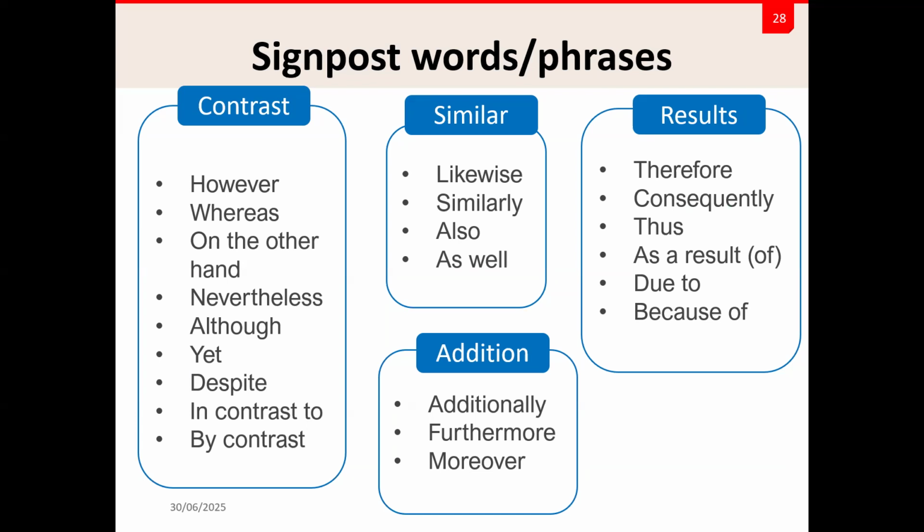If you want to add something, use additionally, furthermore, moreover. And when you present results, you could use therefore, consequently, thus, as a result of, due to, because of. These are some signposts that can make your abstract more attractive and more effective.